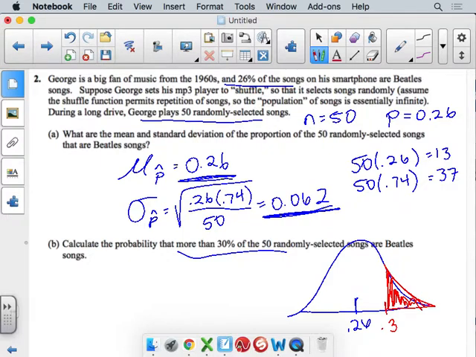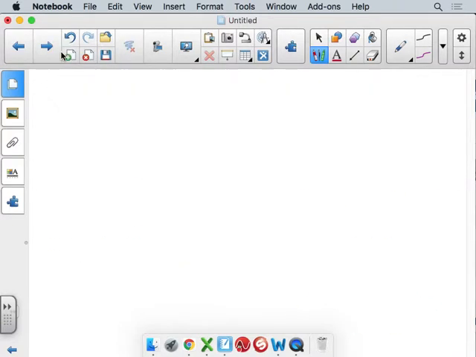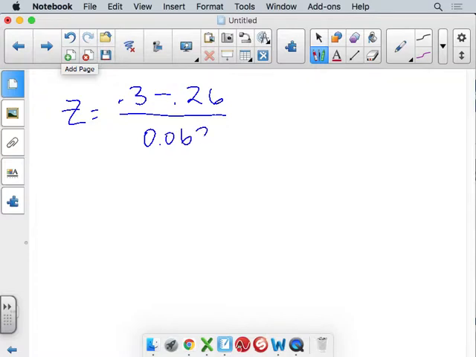Okay. So it's a normal distribution, got our mean, so I'm going to go to the new page. There we go. So I'm going to do a z-score of 30% minus 26%. I'm going to do my value minus the mean, and then how many standard deviations.